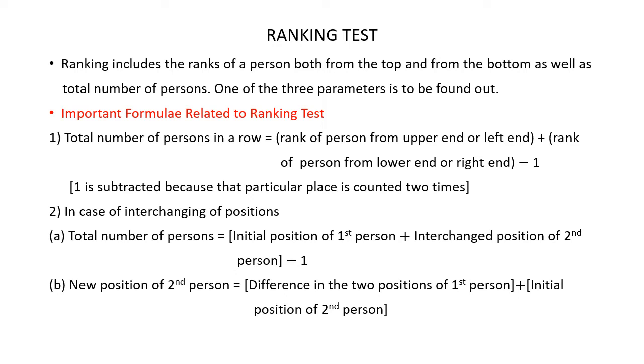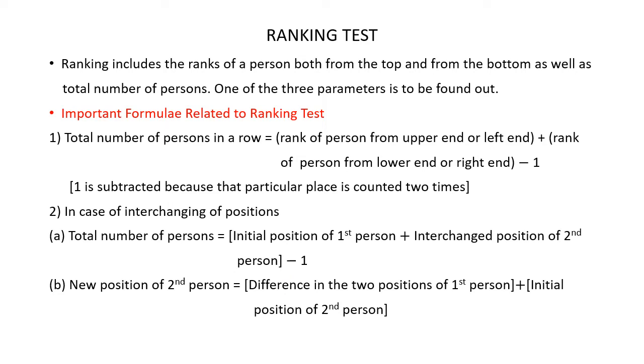The next two formulae are related to cases in which there is an interchanging of positions. Total number of persons is equal to initial position of the first person plus interchanged position of second person minus 1.